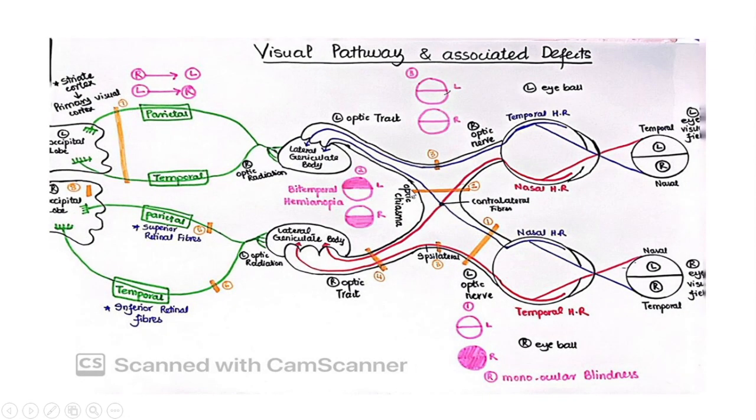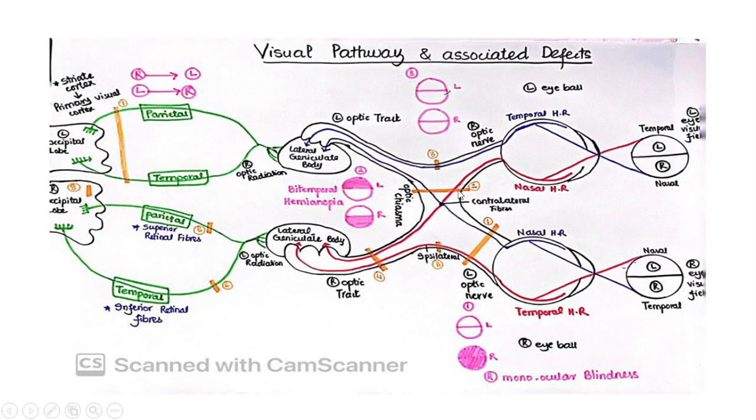Then there is going to be the second lesion, that is here at the optic chiasma. I have also drawn these visual fields here. This is the left visual field, this is the right visual field. So what is it going to cause here, let's see. This is the optic chiasma.